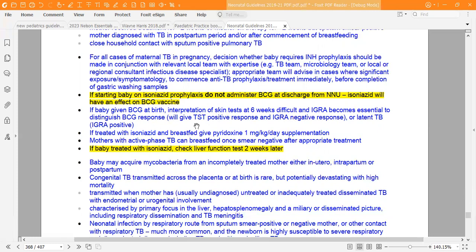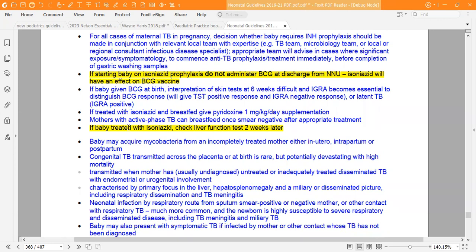BCG will give a positive tuberculin skin test response and a negative IGRA. So that means if the baby got a BCG vaccine at birth, the interpretation of the skin test at 6 weeks will be difficult, as the tuberculin test is going to be positive and IGRA is going to be negative, whereas latent TB will give a positive IGRA result.